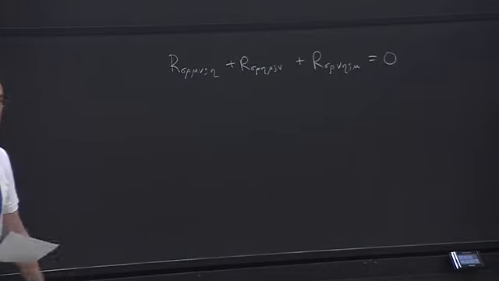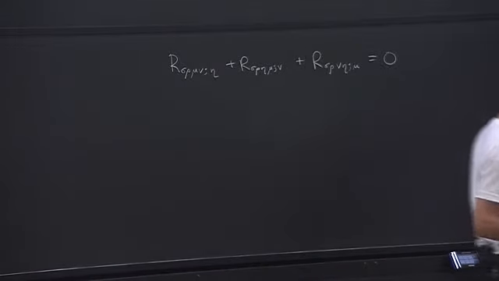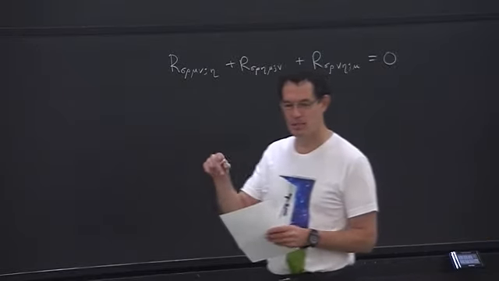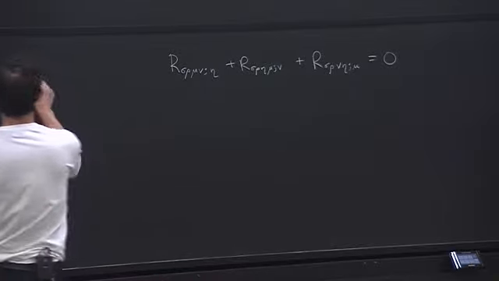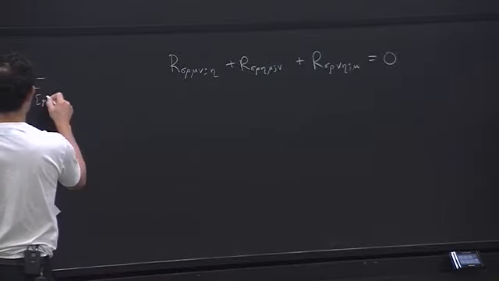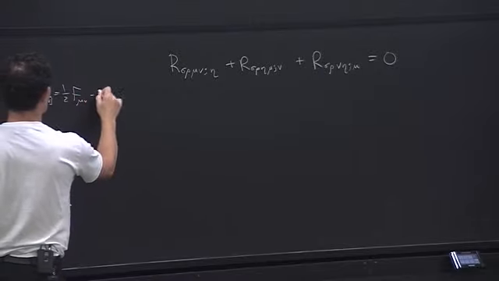And yes? What's the shorthand notation for cycle permutation of indices? Are there like square brackets or something? I don't know. No, square bracket is completely anti-symmetric. There's some shorthand notation that this guy is 1/2 f mu nu minus f nu mu.